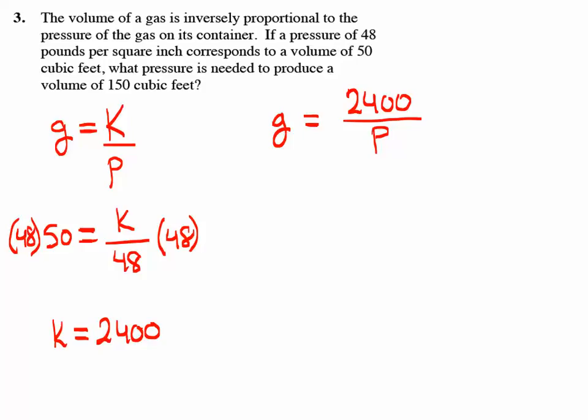All right, see what pressure is needed to produce a volume of 150 cubic feet. Careful there. What's the variable that we're going to be looking for? P is the variable. That means we know what the volume of gas would be, 150. So now we're looking for something that looks like that.